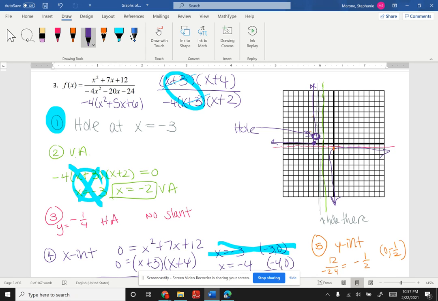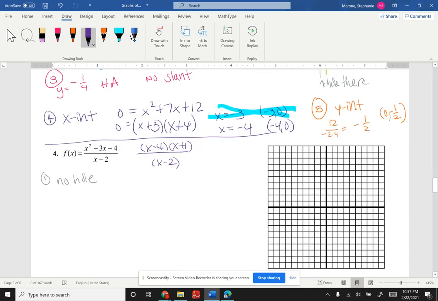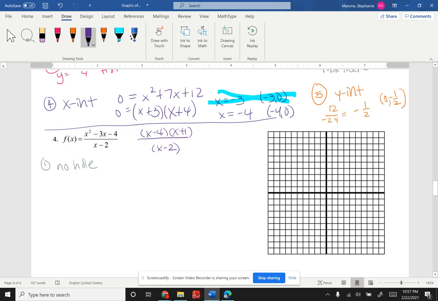So now for number 4, again, we already found out that there's no hole because we factored it. The vertical asymptote, that's a nice easy one. It's x is equal to 2. The slant asymptote is division.